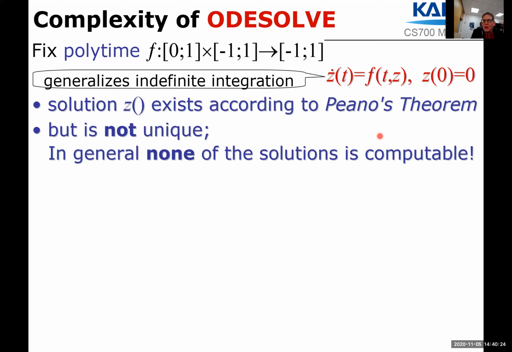So here we had to strengthen the hypothesis in order to assert uniqueness, and in many cases in computable analysis, uniqueness of a solution also ensures computability by some fundamental principle.